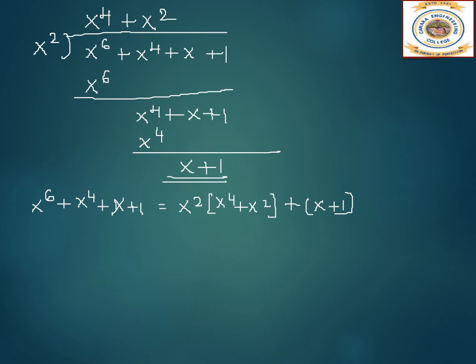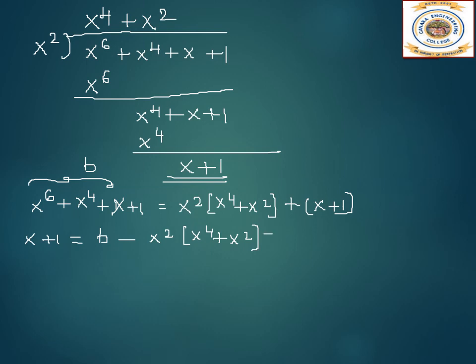Now, x plus 1 will be equal to, what is this? This is b. We know that. So let it be b minus x square into x power 4 plus x square. But what is x square? x square was a remainder from the previous stage. So I can substitute for x square.